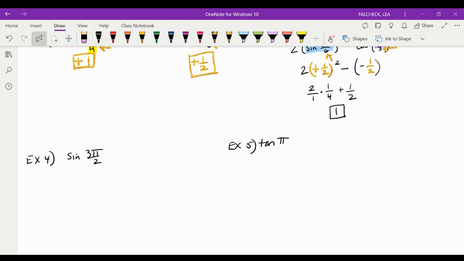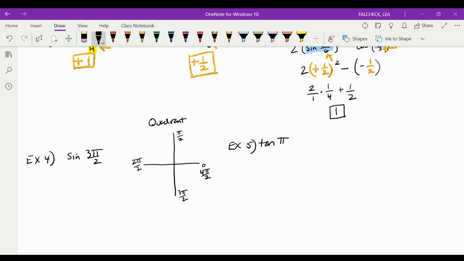Okay. For example 4, it says the sine of 3 pi over 2. So whenever we're counting by pi over 2: 0, pi over 2, 2 pi over 2, 3 pi over 2, and 2 pi, or I guess 4 pi over 2. Let's rewrite it as 4 pi over 2. We call these the quadrantal ones.